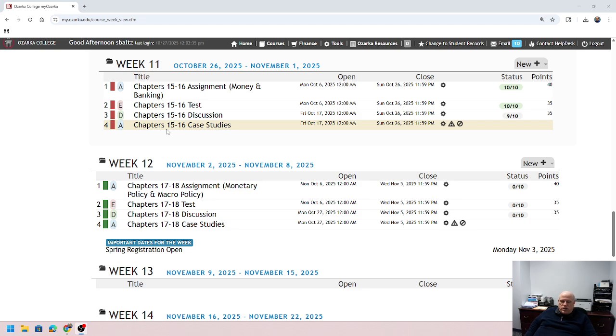Also in chapter 17, you'll learn about foreign exchange, the quantity theory of money, and then finally at the very end of the chapter, you'll learn about the targets that are used for monetary policy. All right, so that's chapter 17.